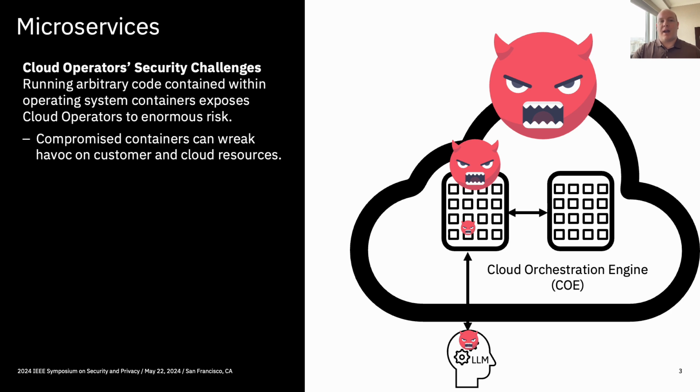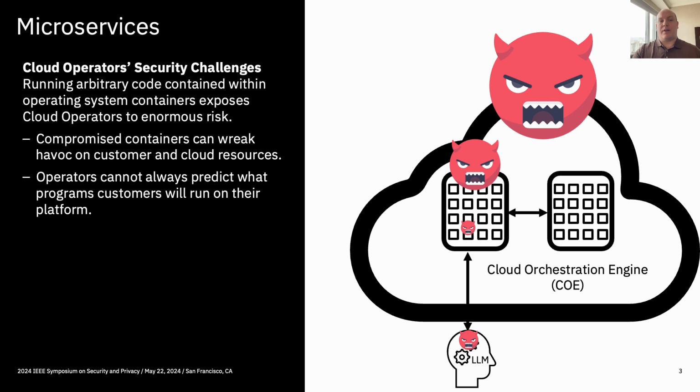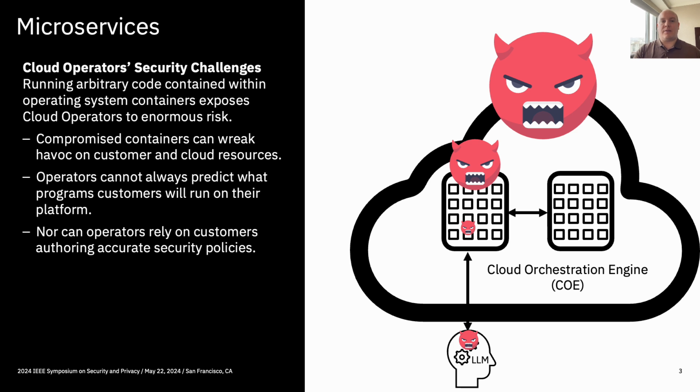Compromised containers can wreak havoc on customers and cloud resources as a result. Operators cannot always predict what programs customers will run on their platform for the simple fact that they sell arbitrary computation to their customers. And furthermore, operators cannot rely on customers to author accurate security policies in order to contain their microservices should they become compromised.